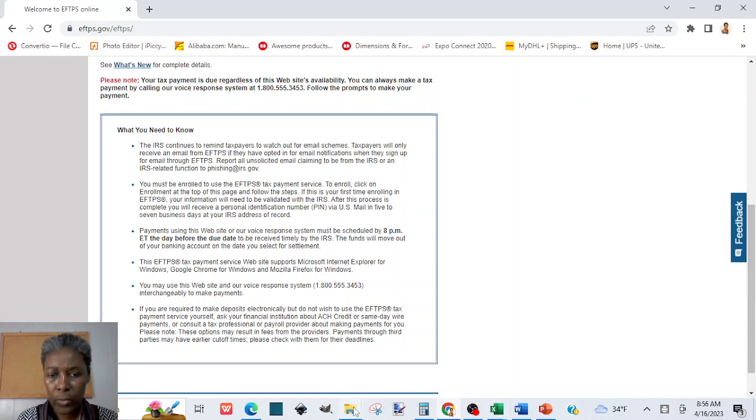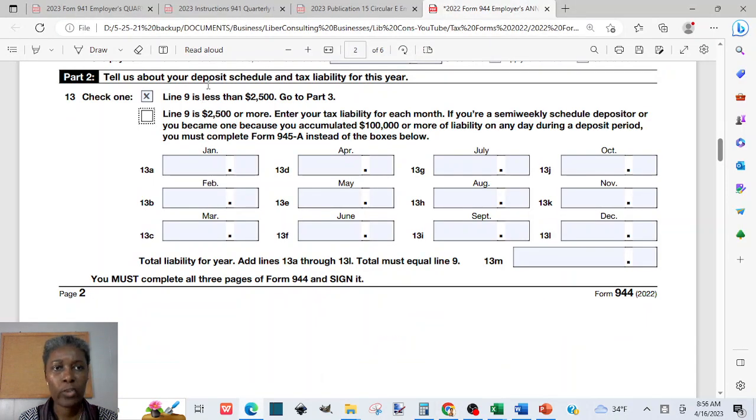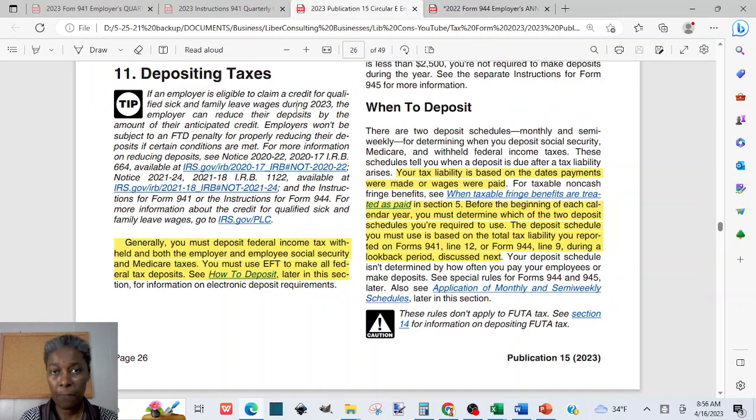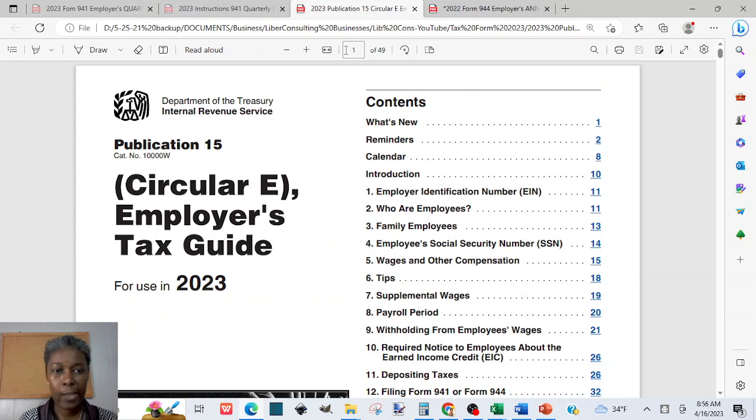And if you want to, let me see, I think we have the publications open, Publication 15, Employer Tax Guide. On page 26, section 11, you'll be able to read more on the deposit schedule.